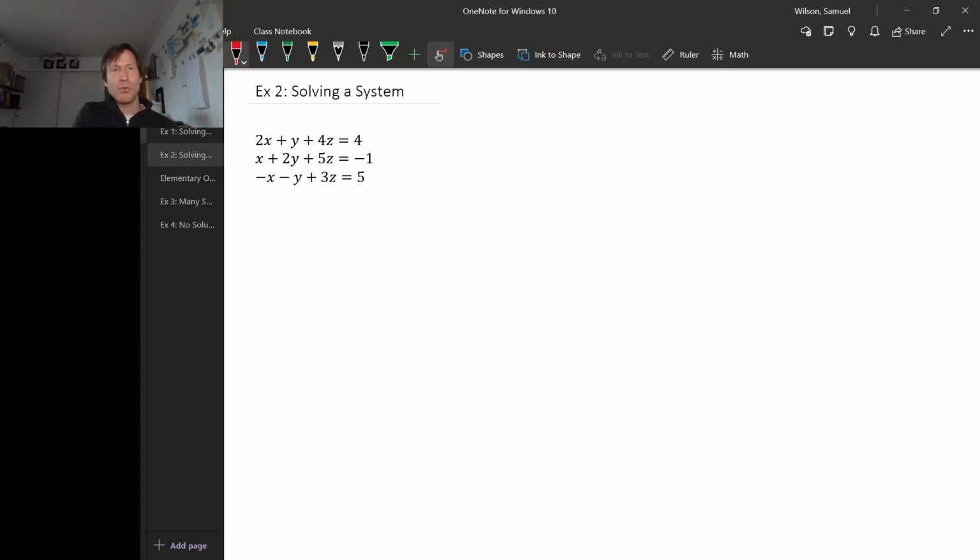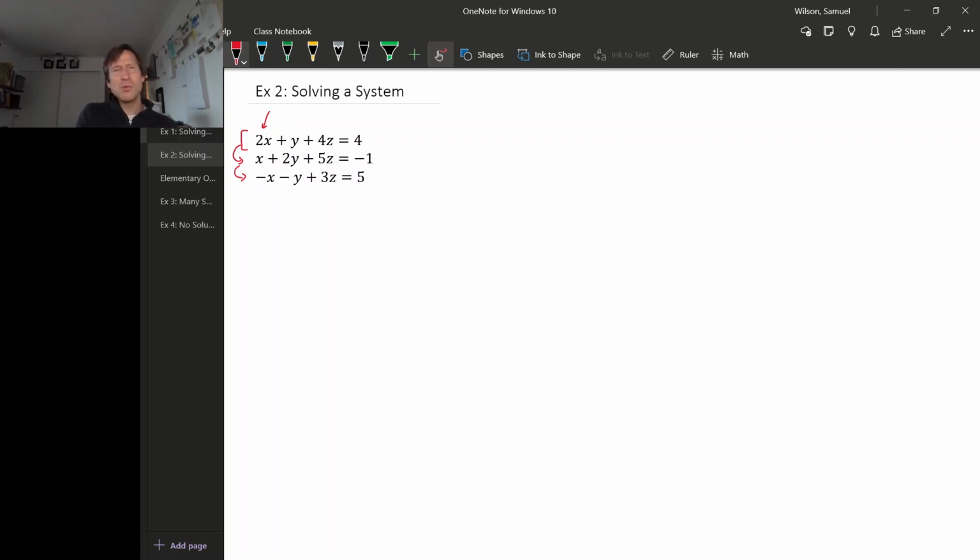What we're going to do is use whatever x term is in this first equation to zero out the x's in the lower equations. That's a little inconvenient the way it stands because we have a 2x here. It would be nicer if we just had x, because then the arithmetic of adding a multiple of one equation to another would be much easier.